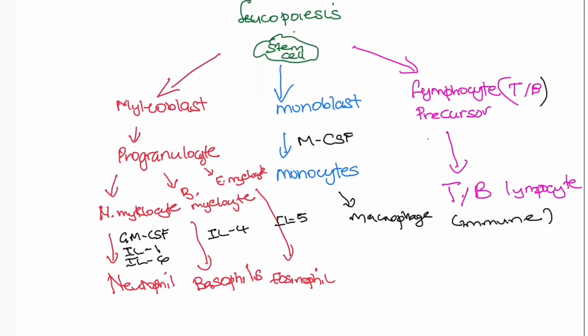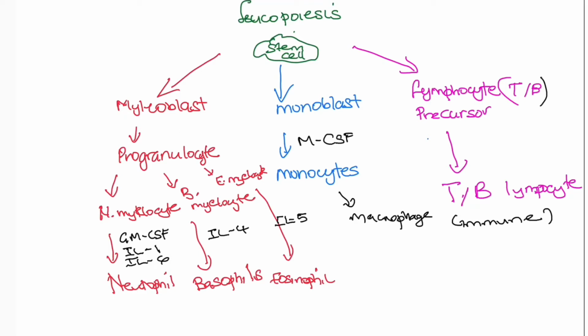All right, so for the neutrophil, it has a lot of growth factor stimulation. So GM-CSF is one of the major ones, as well as interleukin 1 and 6. So 1 and 6 are for your neutrophils.